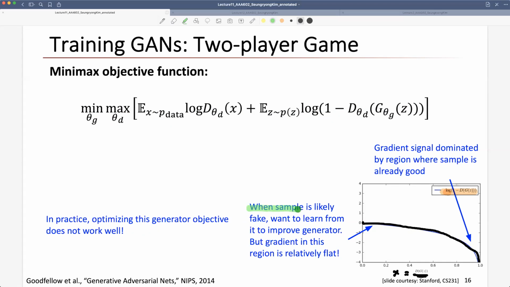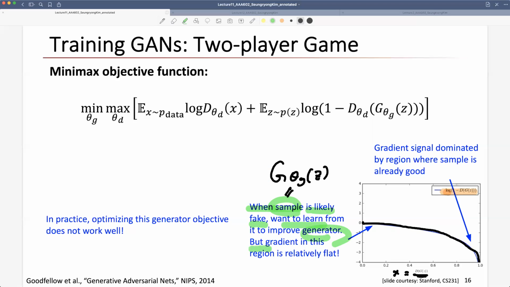When our sample is going to be, okay, let me say a generated image, let's say G theta g of z, it's likely fake, then we want to learn from it to improve the generator.